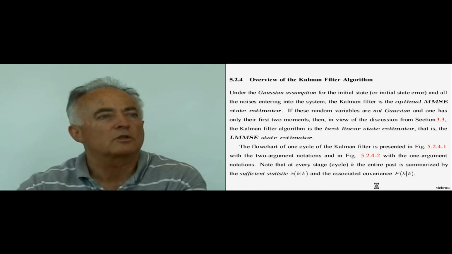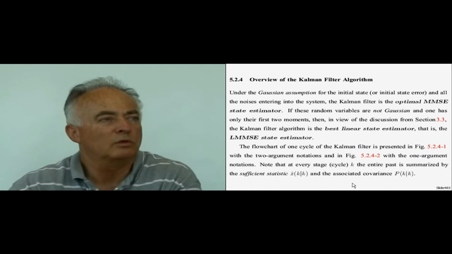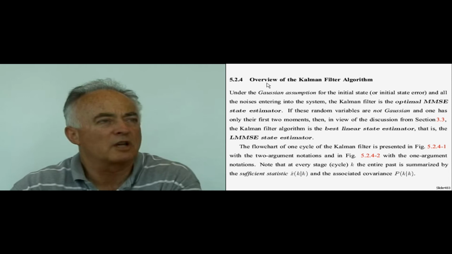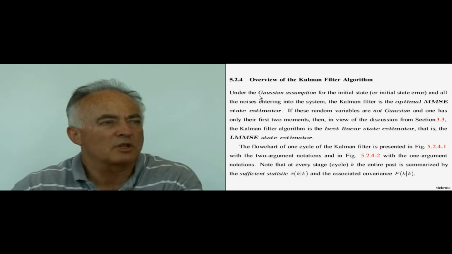So it's good at this point to get a bird's eye view of the algorithm we just derived, and we'll provide to this end an overview. Under the Gaussian assumption for the initial state or the initial error and all the noises entering into the system, the Kalman filter is the optimal minimum mean square error state estimator.